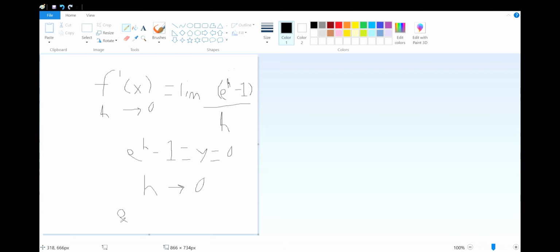We can now notice, if we isolate the function by itself, e^h, it will equal the substituted value y plus 1. This may seem useless at first, but we can use this to take logarithms of both sides, which is the next step in the proof.